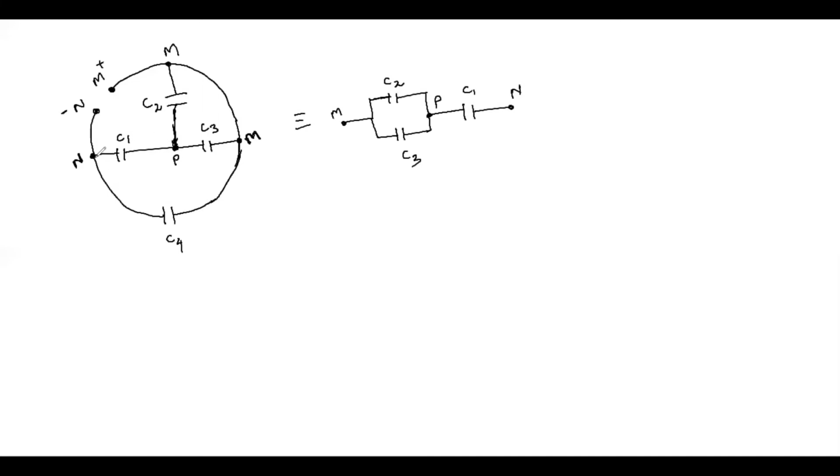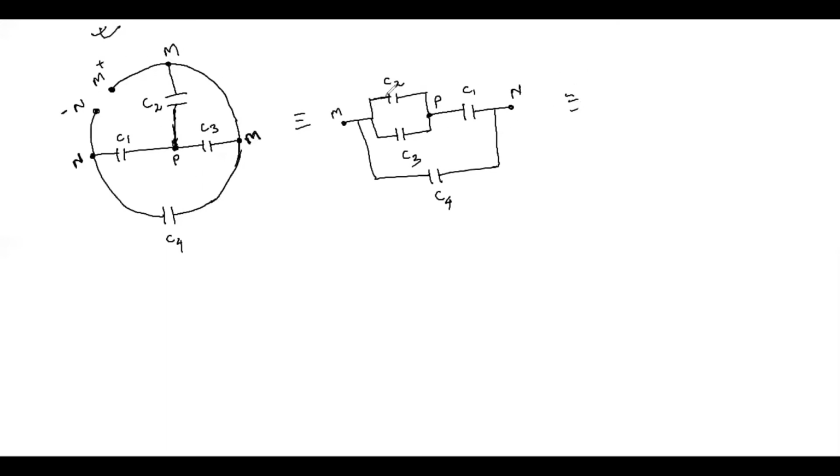And if you see again, there is a capacitor connected in parallel between M and N, which is C4. So you can connect a capacitor C4 here to this point N. So this is how we can draw an equivalent circuit diagram for such circuits.